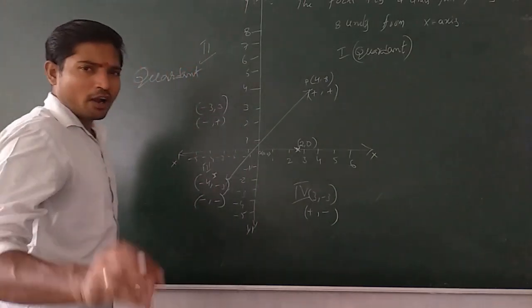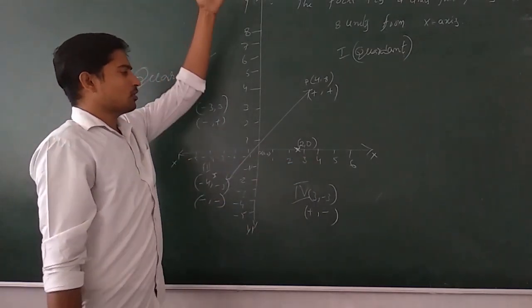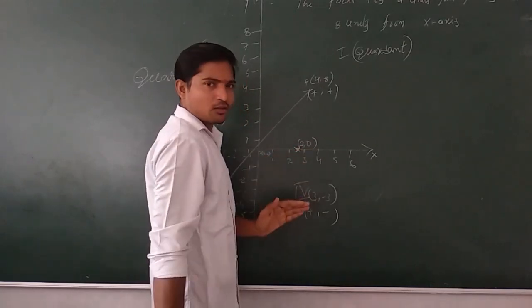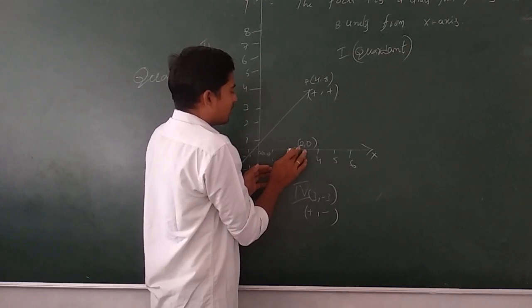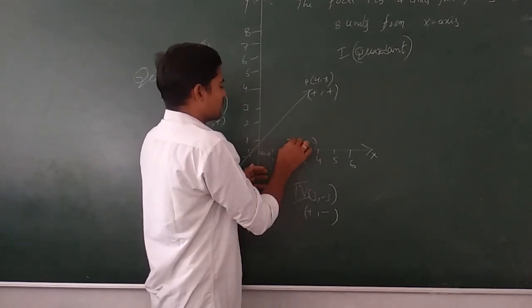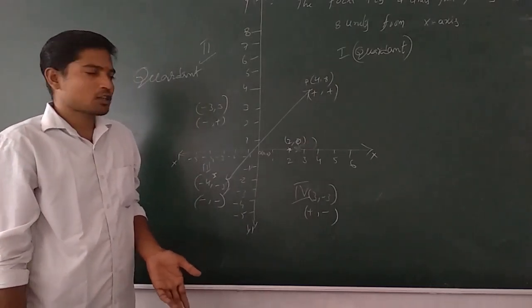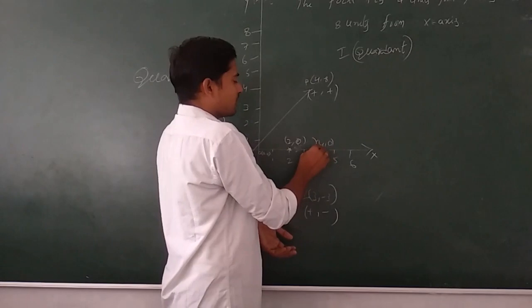Next, suppose a point on the axis in the form of 2, 0. Here I have to represent 2, and 0 is here only. Suppose 4, 0, I have to represent here.